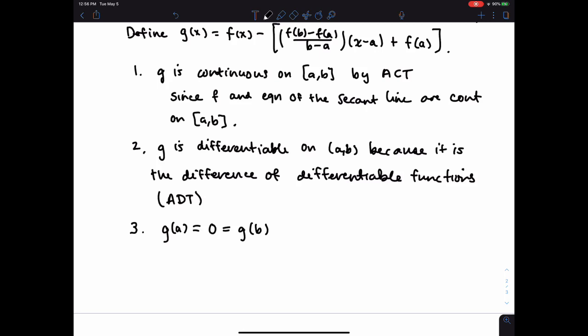Now, you could plug a into the formula above that we gave for g, compute it by hand and verify you do get 0, and do the same thing for b, but that's not necessary. This is really high level, just using the fact that f intersects the secant line at x equals a and x equals b.